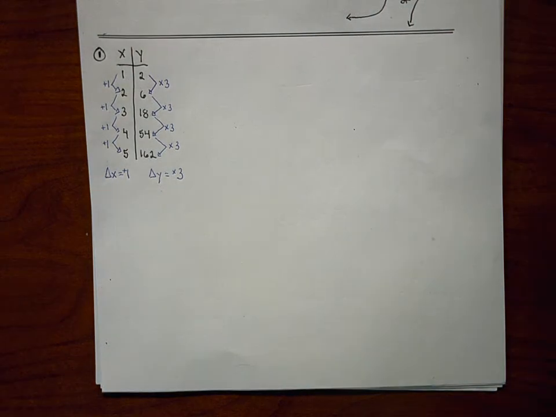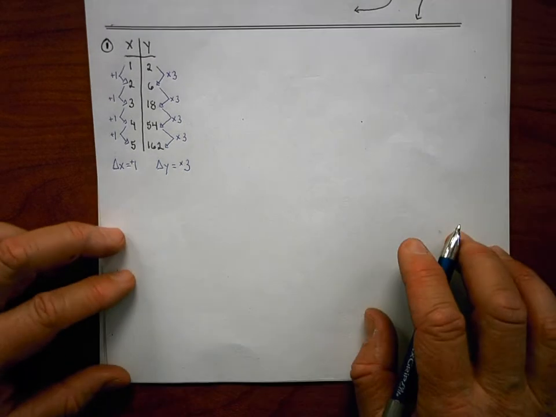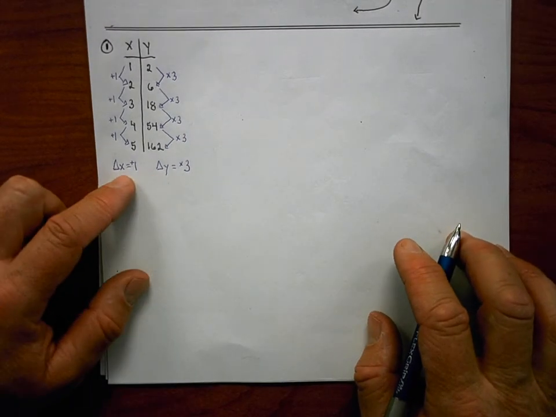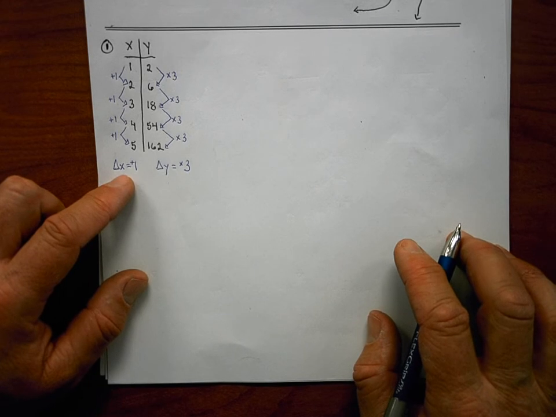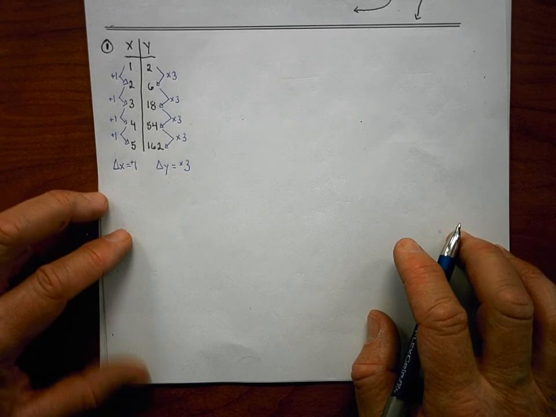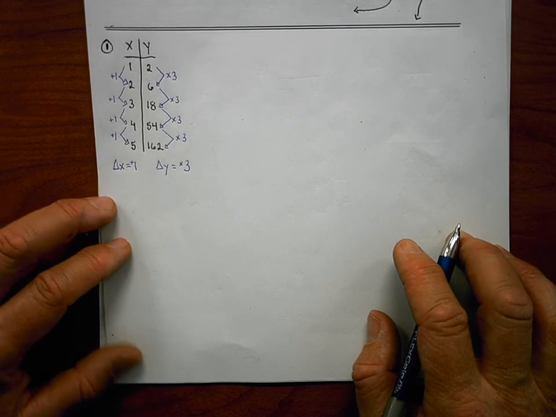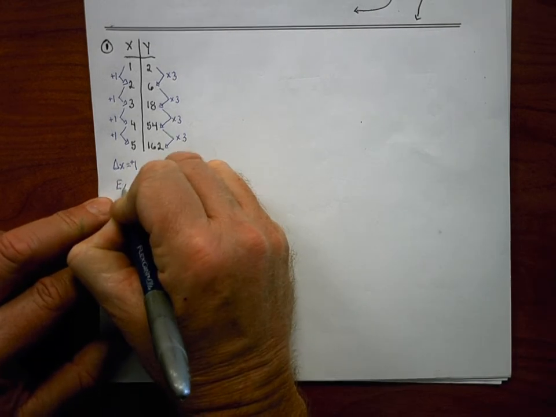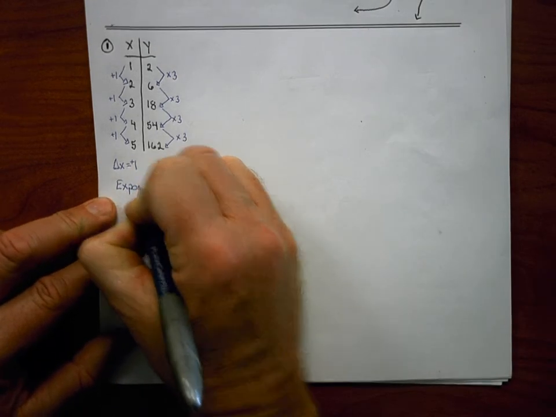That means my y's are changing by multiplying by 3. So, you want to know what type of function this is? This is an exponential function. Number 1 is an example of an exponential function.